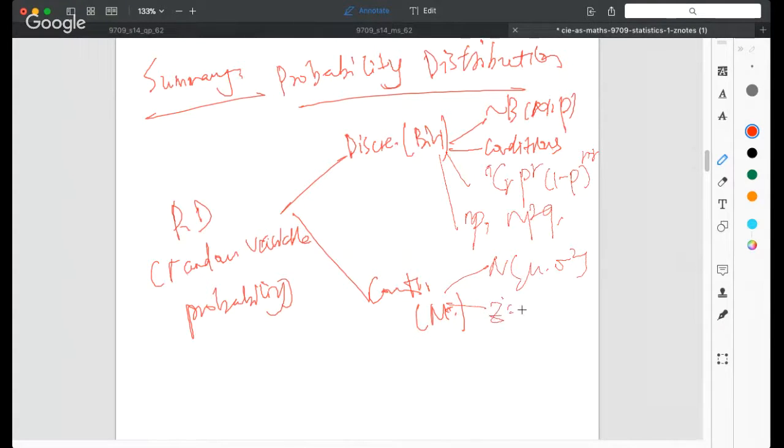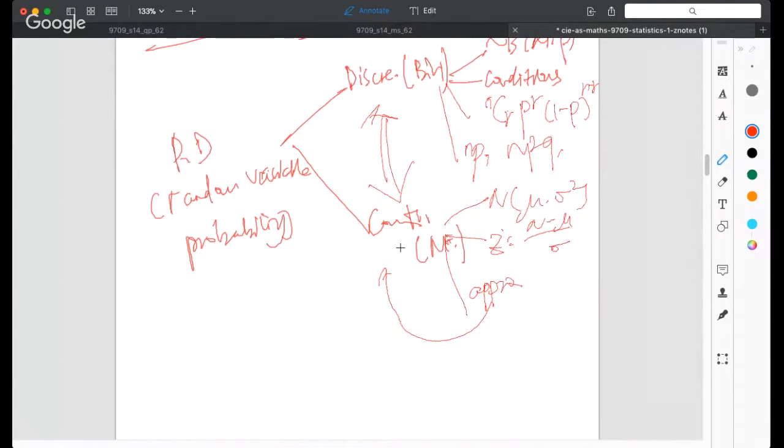So z equals x minus mu divided by sigma. And after that, we talked about the approximation part, which is related to both the discrete and continuous functions. It's a link between the two.